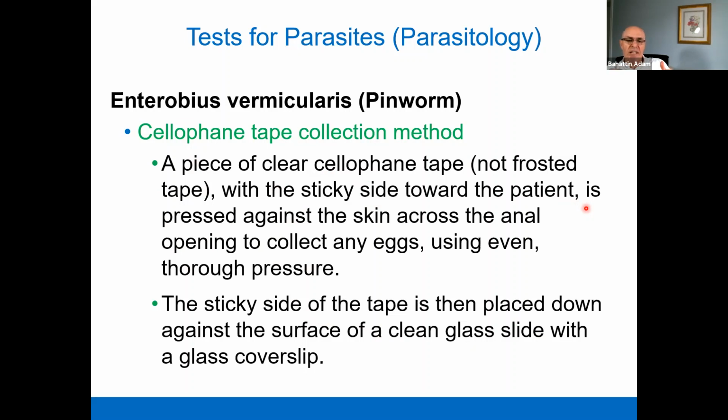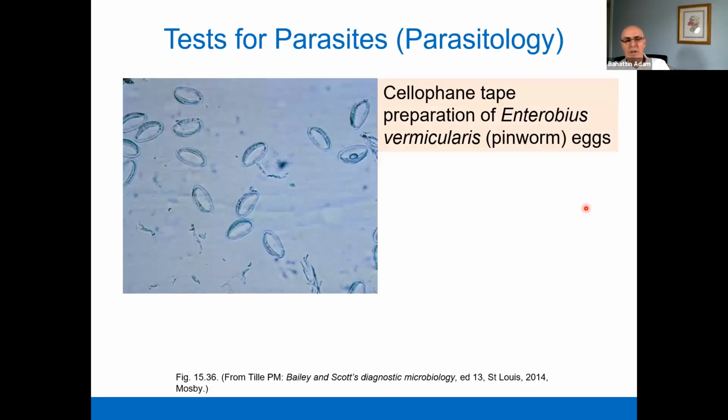And then this sticky side of the tape is placed down against the surface of a clean glass slide with a glass cover slip, and then you examine under the microscope and you see the eggs. Okay, the eggs that you see with cellophane tape preparation.